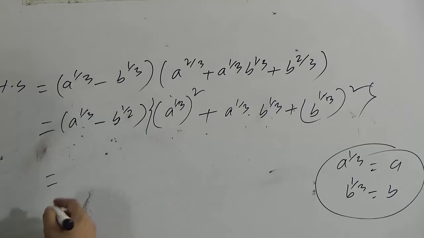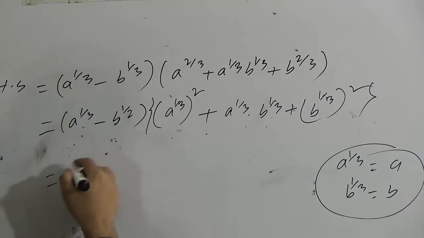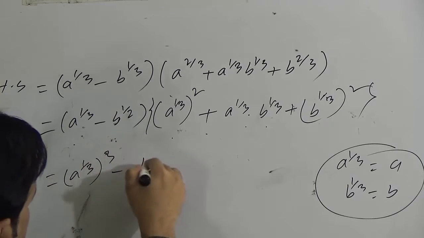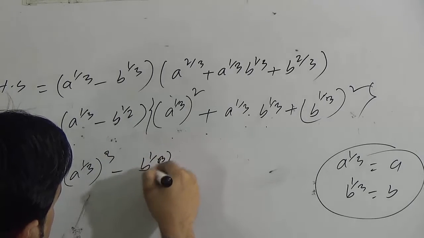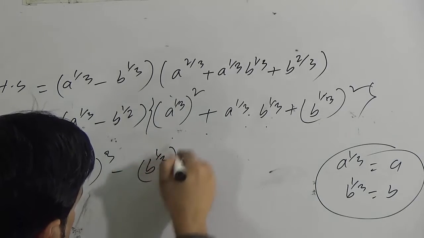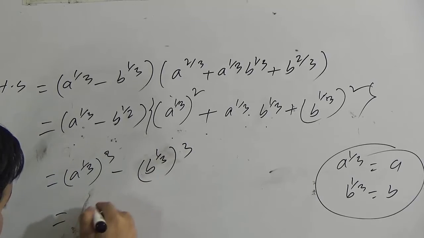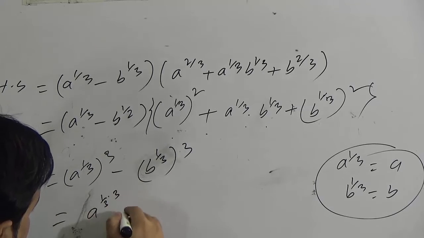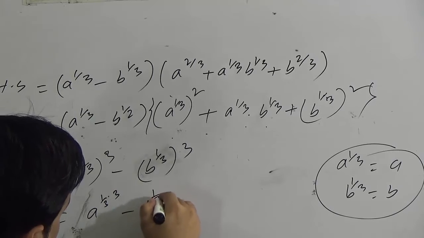You know this formula, a cube minus b cube. So we can write a to the power 1 by 3 whole cube minus b to the power 1 by 3 whole cube. We can write this as a to the power 1 by 3 into 3 minus b to the power 1 by 3 into 3.